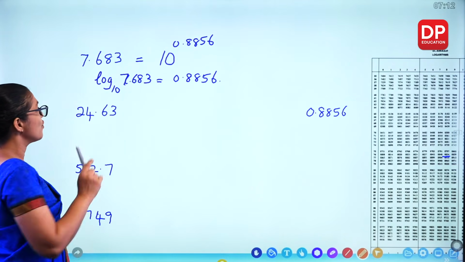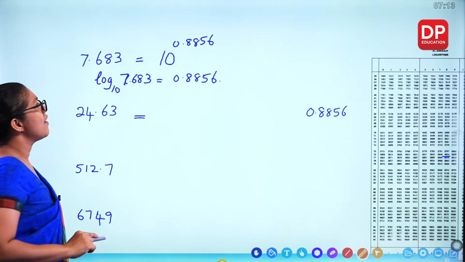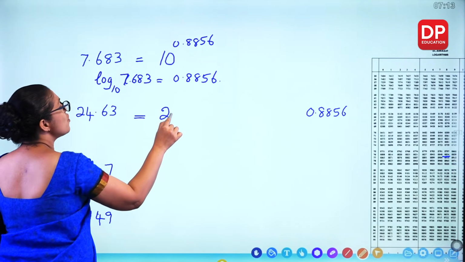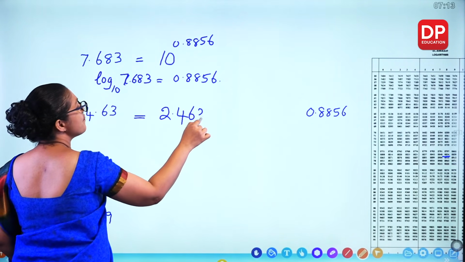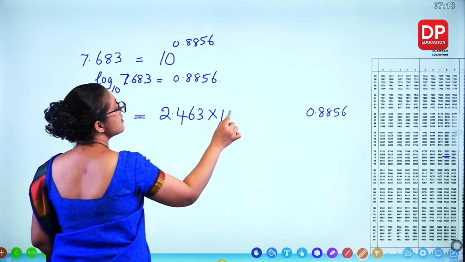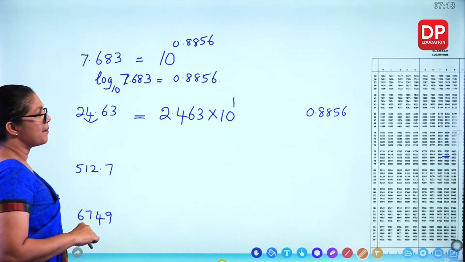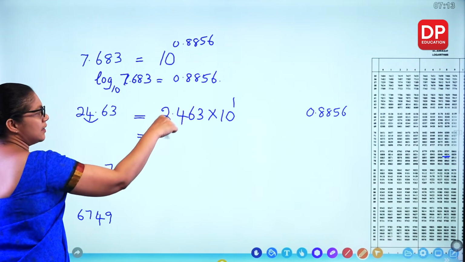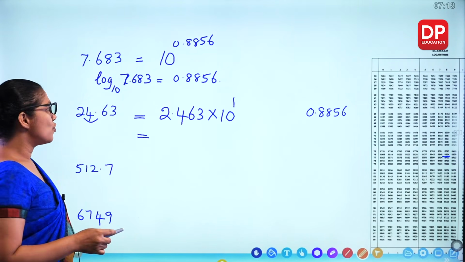Scientific notation. So here, first thing you have to do, convert this number to scientific notation. So 2.463, 10 to the power, 1 place to the right, 10 to the power 1. Then what you do? You can refer this one from the table now.